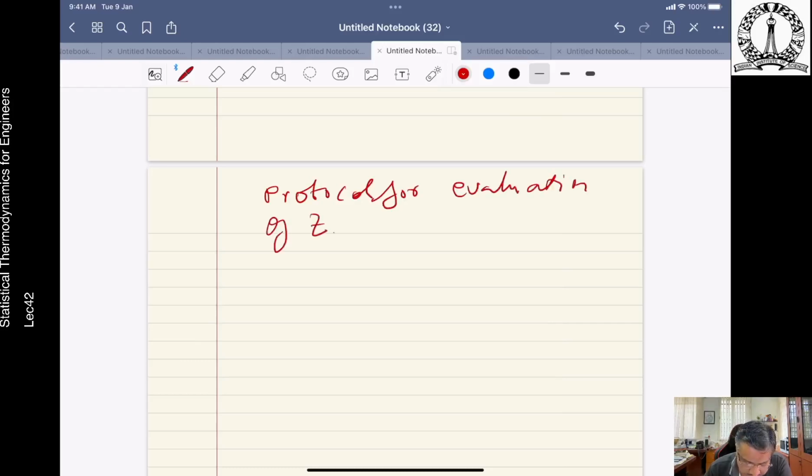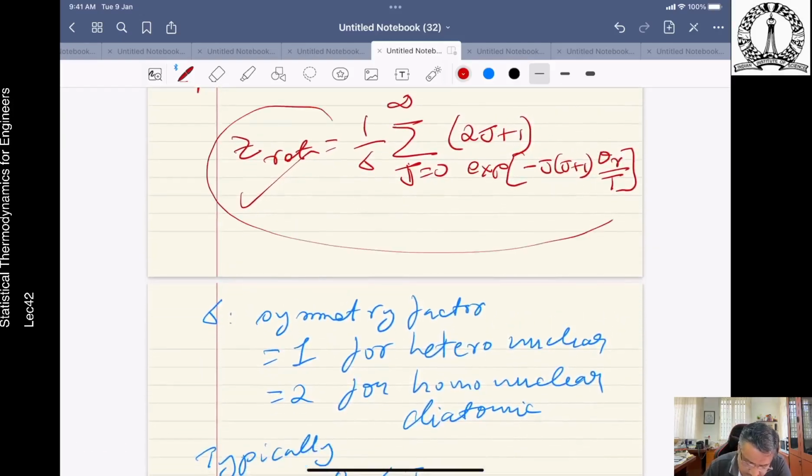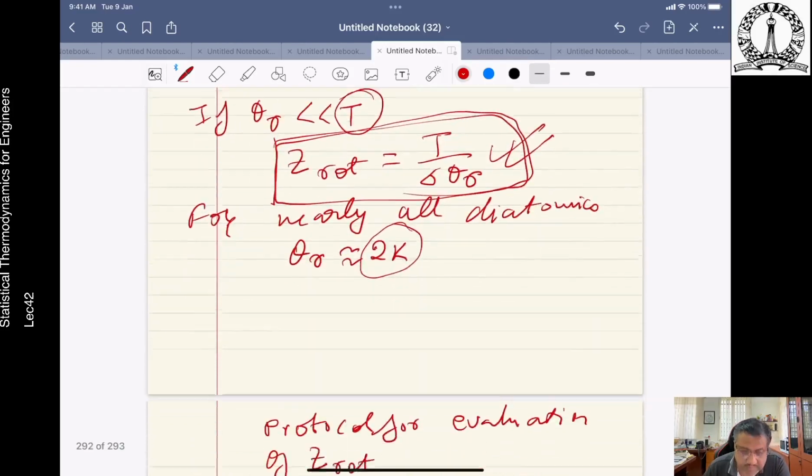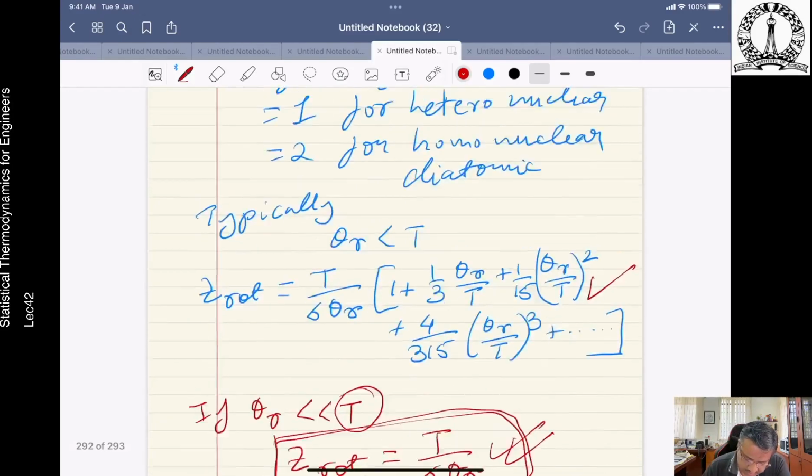of Z rotation. If T by theta r is less than or equal to 3, then we use the parent equation, which is the full expansion. If, on the other hand, 3 is less than T by theta r, which is less than or equal to 30, then we use this expression.